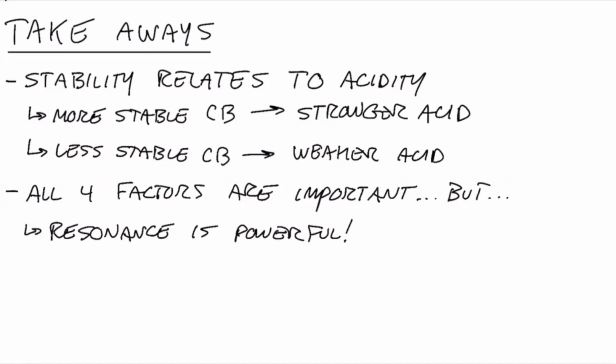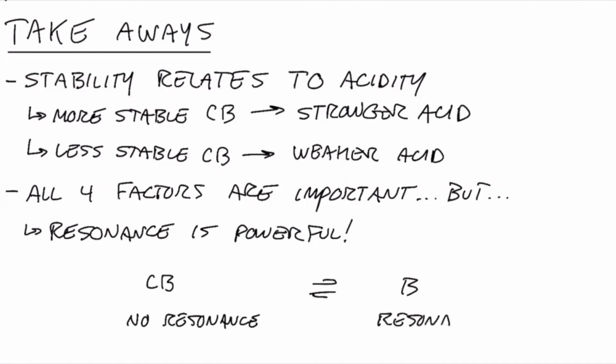So if, for instance, you have, let me do a little generic example, if you have this conjugate base with no resonance, and you're comparing that with the base that has resonance to stabilize a charge, the one that has resonance is often going to win out. Now, that's not always going to be the case, but if there's no resonance in one and there is in another, it's more likely than not going to be the one that has resonance.